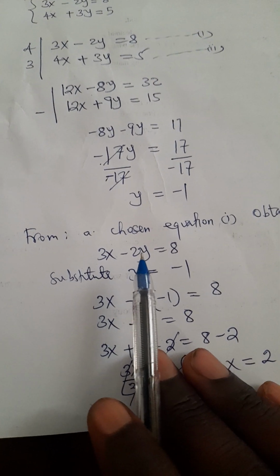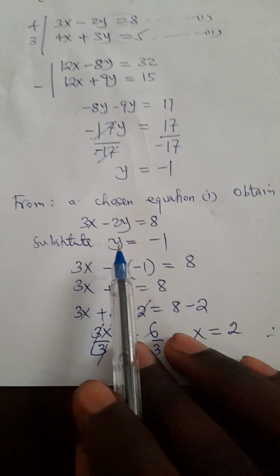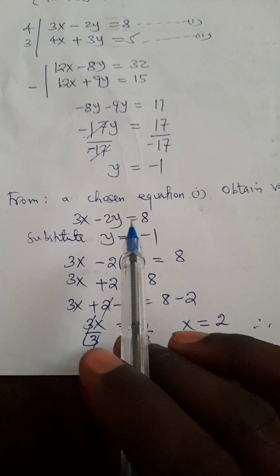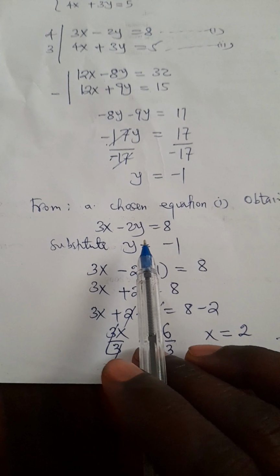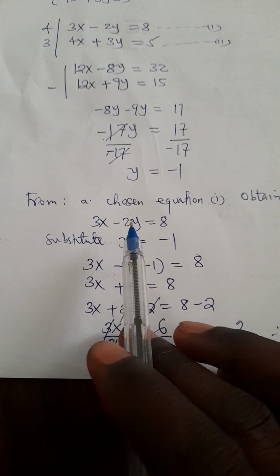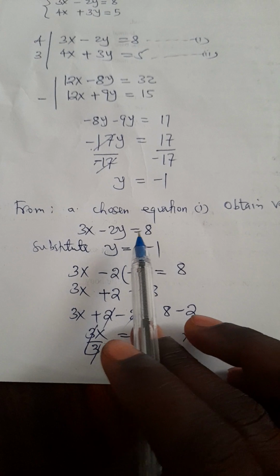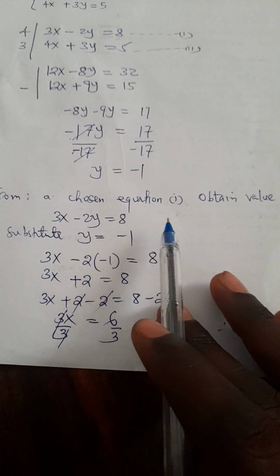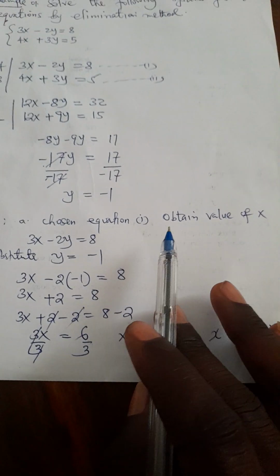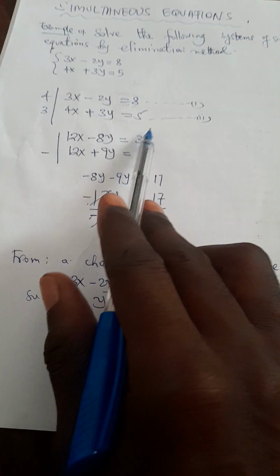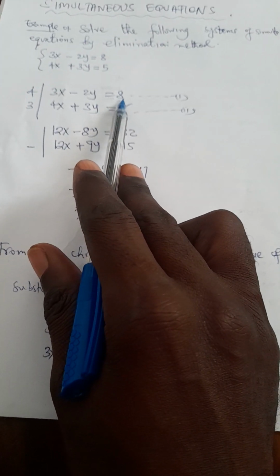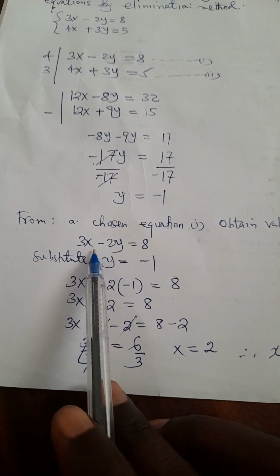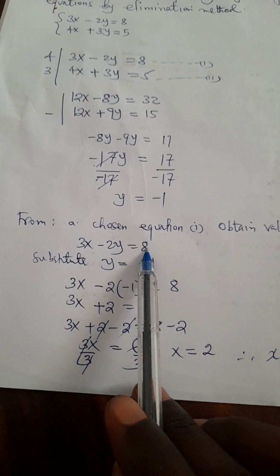At this point, you will have to obtain the value of x. How can we obtain the value of x when you have already got the value of y? At this point, you can choose any one of the two equations. I have decided to choose equation number 1 to obtain the value of x: 3x minus 2y is equal to 8.